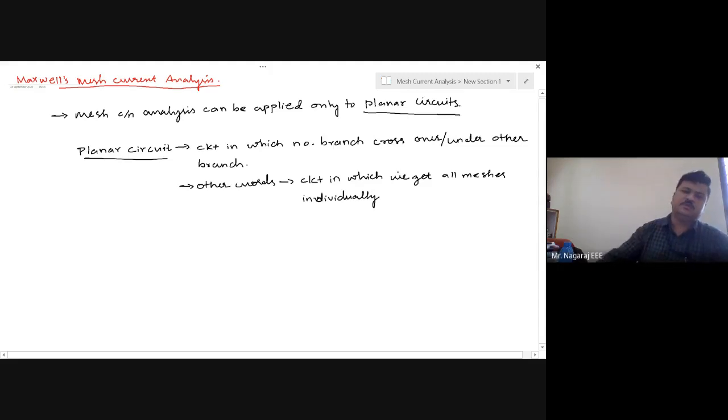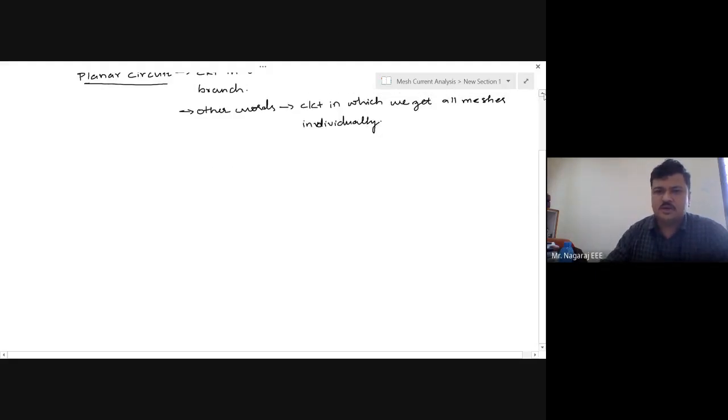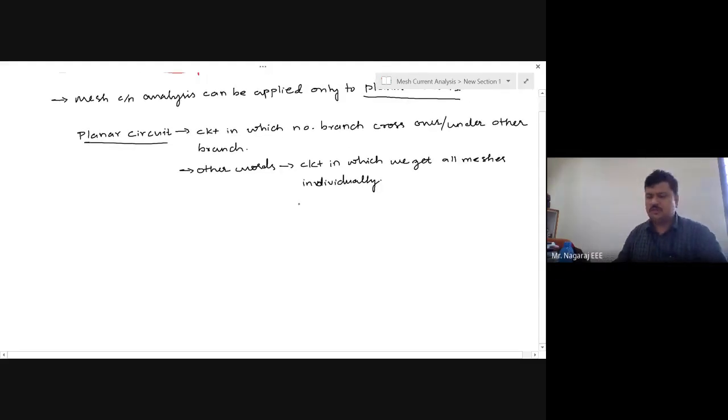What does this mean? Don't go by the grammar. We should understand the philosophical meaning of this statement rather than the grammatical meaning. Individual meshes doesn't mean one mesh at this corner, one mesh at the right corner, one mesh below, nothing of that sort.